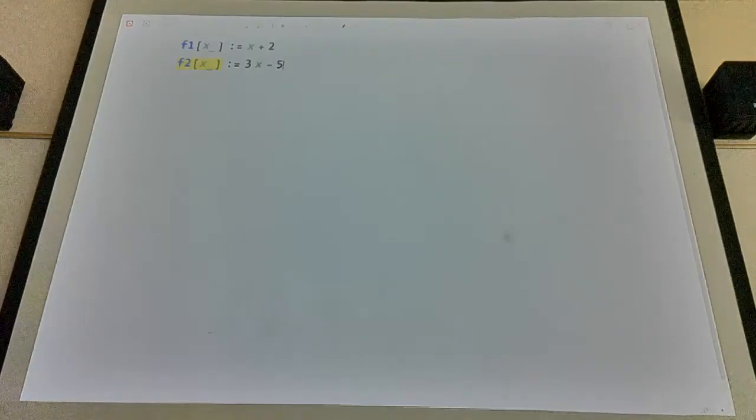Shift enter executes. Or if you hit enter on the numerical pad of a keyboard, same thing. So now they're stored. I'm going to create a table of values. I can also leave comments.